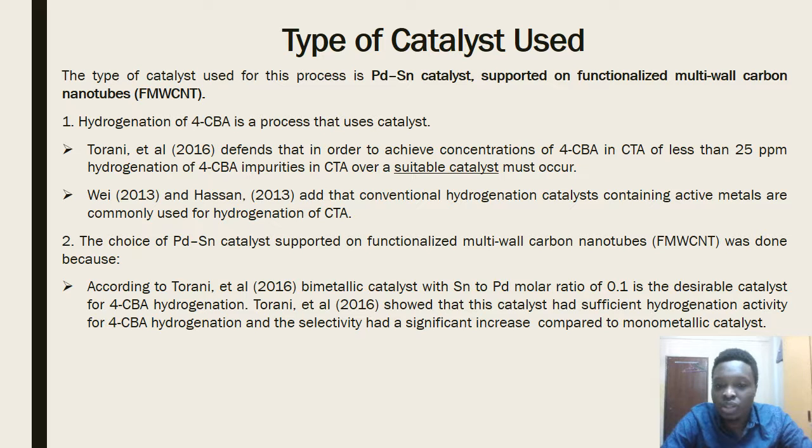Torani et al. 2016 showed that this catalyst had sufficient hydrogenation activity for 4-CBA hydrogenation, and the selectivity had a significant increase from monometallic catalyst. So this is the reason why we've chosen specifically PdSn catalyst as the most suitable catalyst for our process.